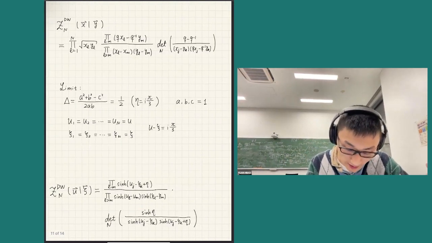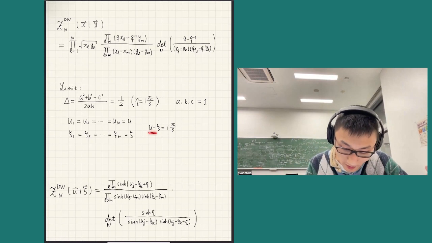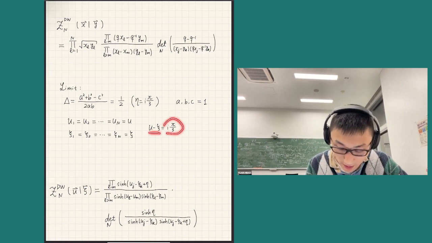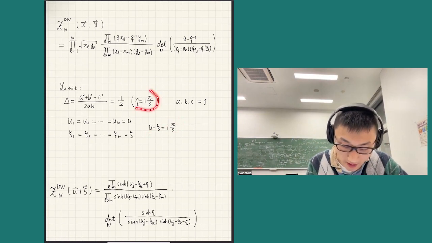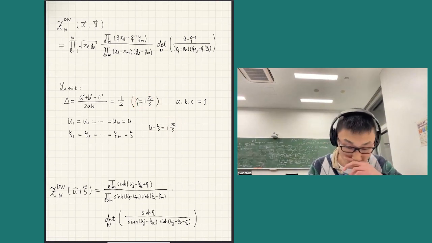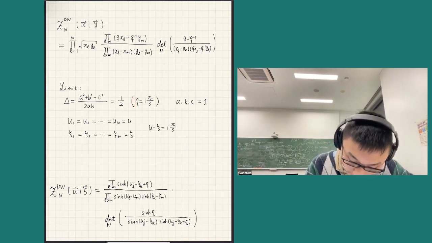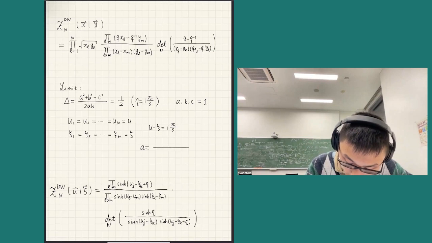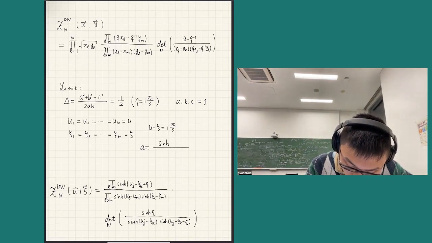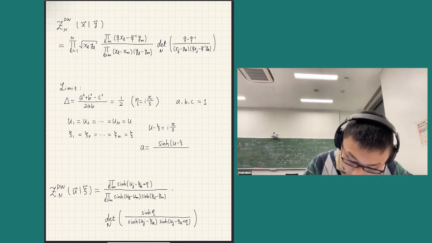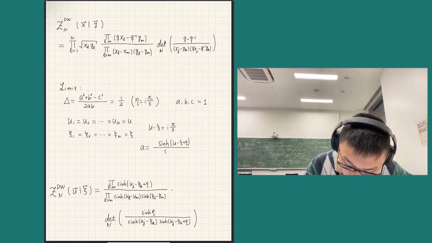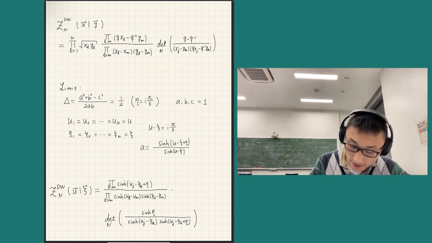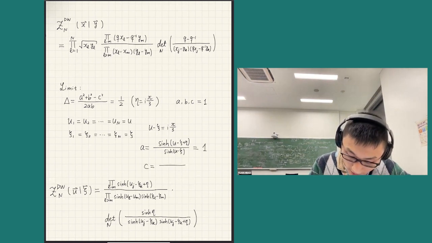Well, we need to send u minus psi to be i pi over 3. In the meantime, eta equals i pi over 3. So for example, if we look at a vertex, it is sinh(u minus psi plus eta) over sinh(u minus psi), and we want this to equal 1, and also c equals 1.